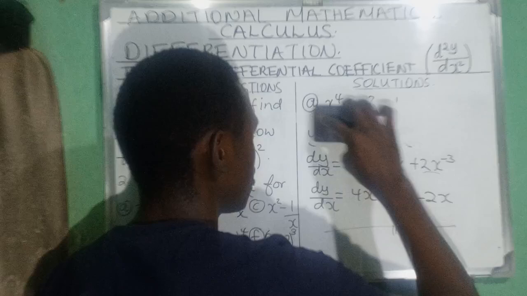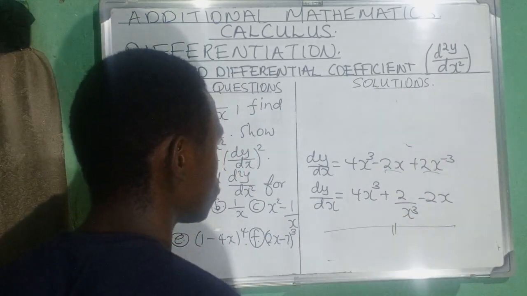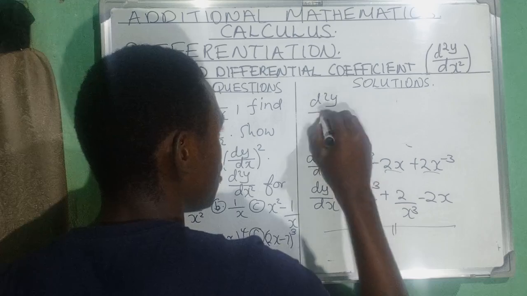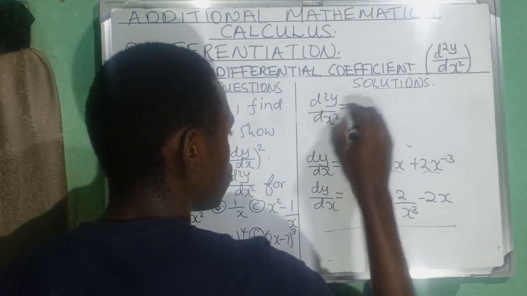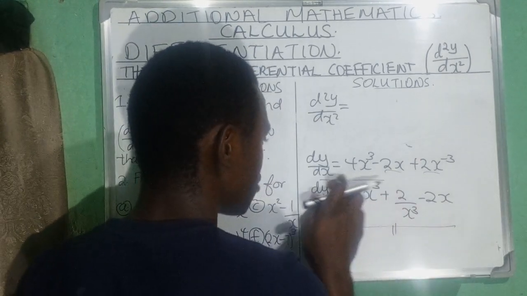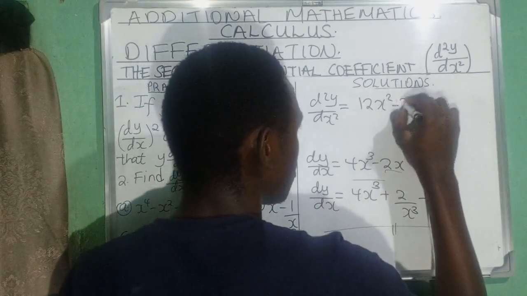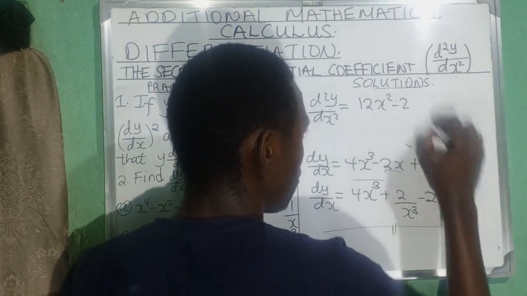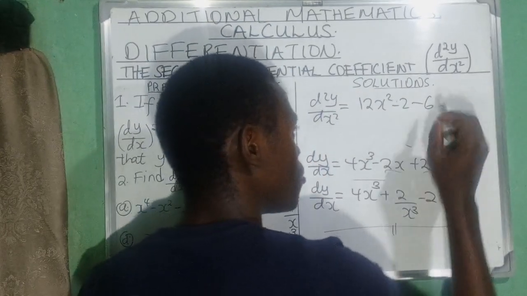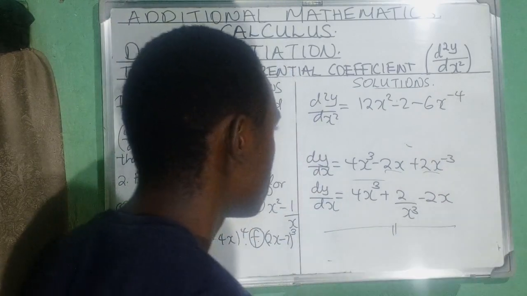Okay, then the next part of the question is we need to find the d2y/dx2. The d2y/dx2 is going to be equal to, differentiate this answer here, which is your dy/dx. You're going to have 12x squared minus 2, then here minus 6, okay? And then we maintain the x, raise the power negative 4.